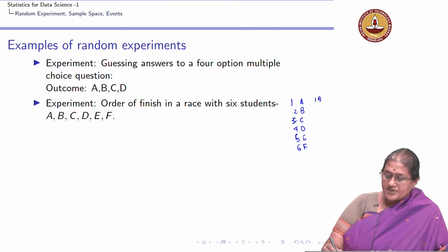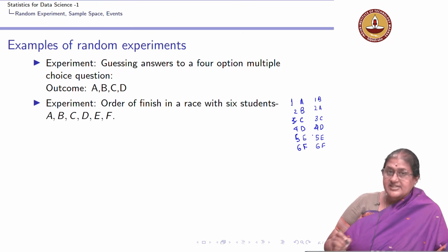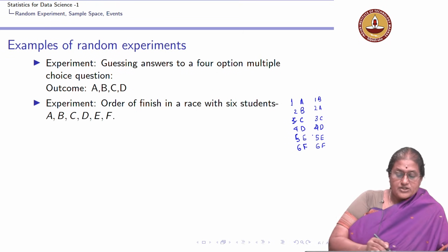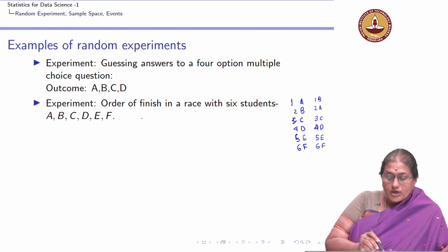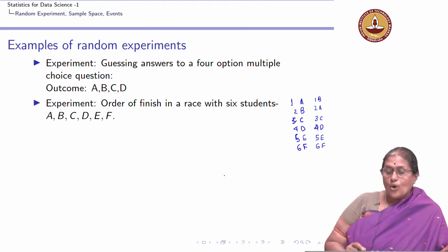In another order of finish, B comes first, A comes second, C comes third, D comes fourth, E comes fifth and F comes sixth. This is another order of finish. So, the experiment is to note down the order of finishes when I have 6 students, what are the possible ways the order of finish can happen.